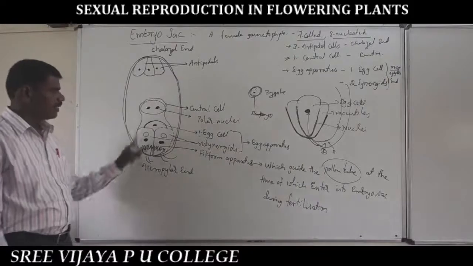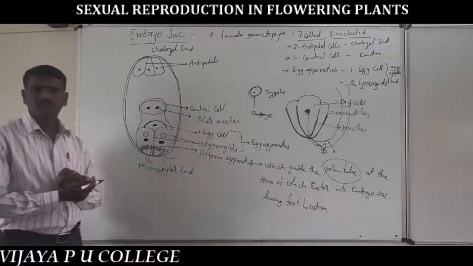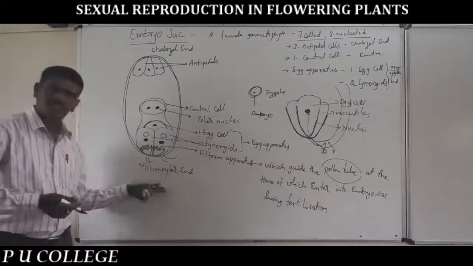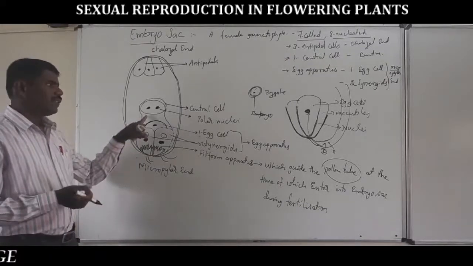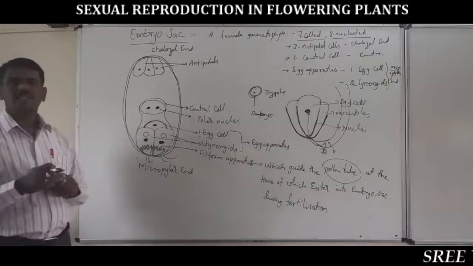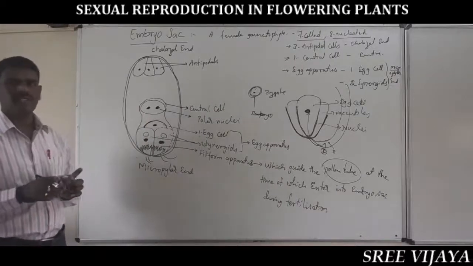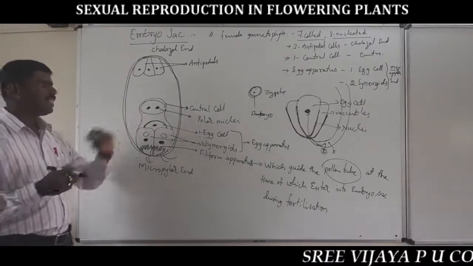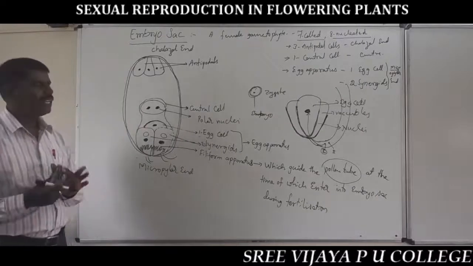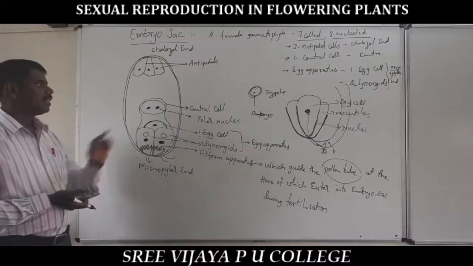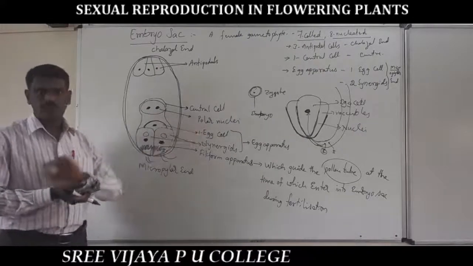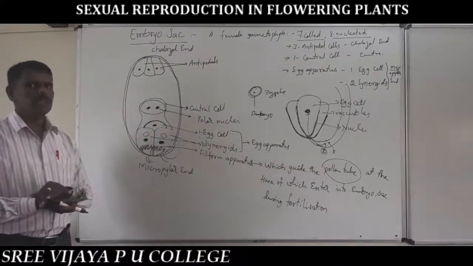These are the three cells present towards the micropylar end. The cell present in the center is the central cell, which consists of two nuclei called polar nuclei. Why are they called polar nuclei?